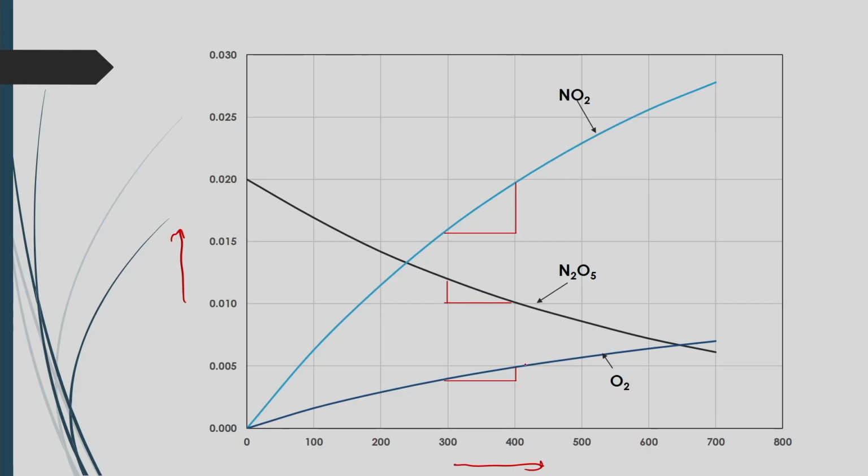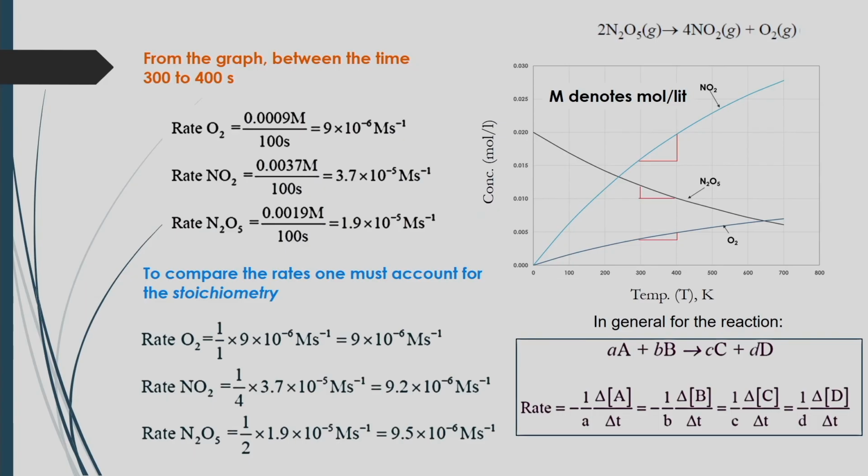Then you will see how oxygen is increasing with respect to time, and nitrogen dioxide is also increasing with respect to time, whereas nitrogen pentoxide is decreasing with respect to time, because nitrogen pentoxide is consumed to give the generation of nitrogen dioxide and oxygen.